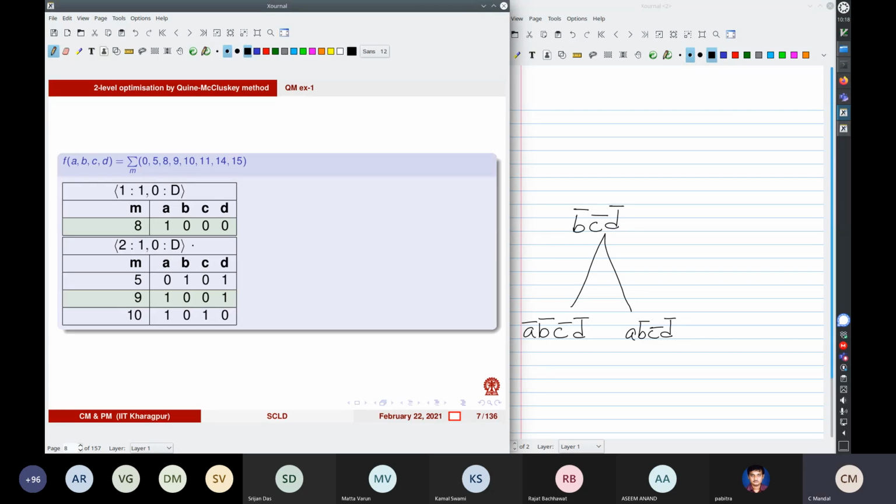Now you can see that 8 and 9 are adjacent.